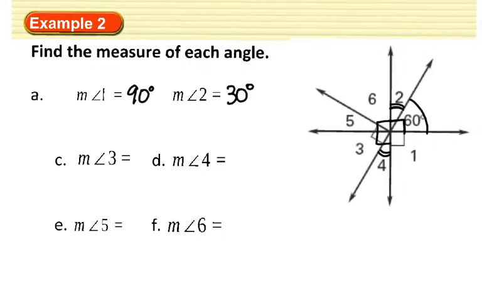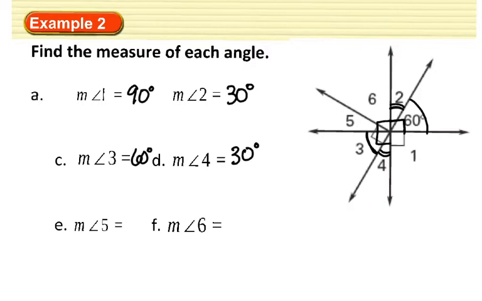You see how we have these 2 lines intersecting each other, and angles 2 and 4 are vertical angles, so they're congruent to each other. There we go, another 30 degree angle. And the same goes with that 60 degree angle that's already written in for us and angle 3. Those 2 are vertical angles, so angle 3 is going to be 60 degrees.